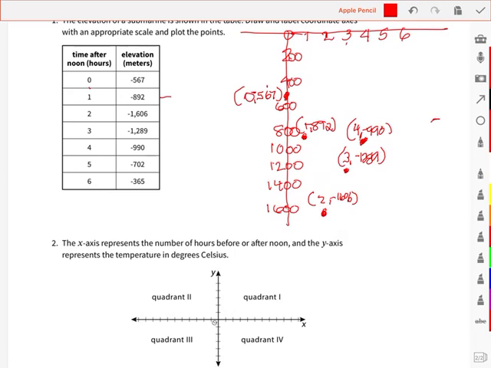And we have 5 and negative 702, about there. And then we have 6 and negative 367, which is about there. So yours should look something like that, maybe hopefully neater than mine.